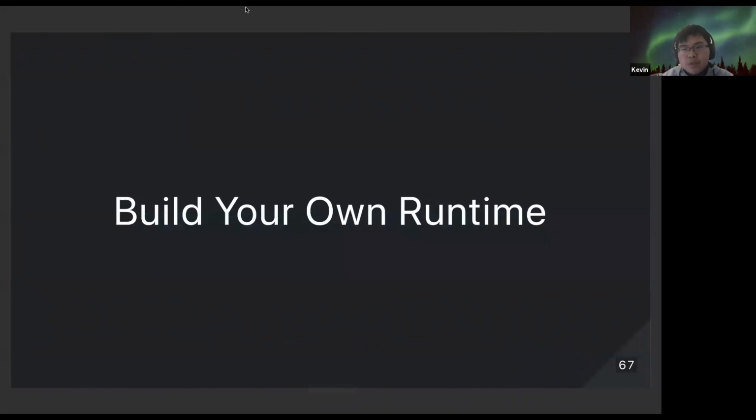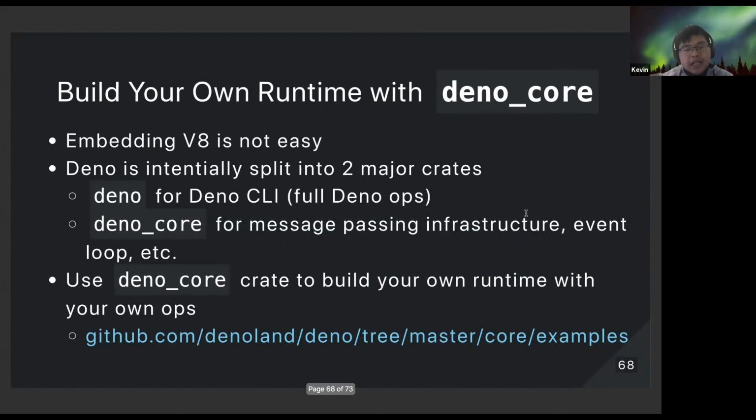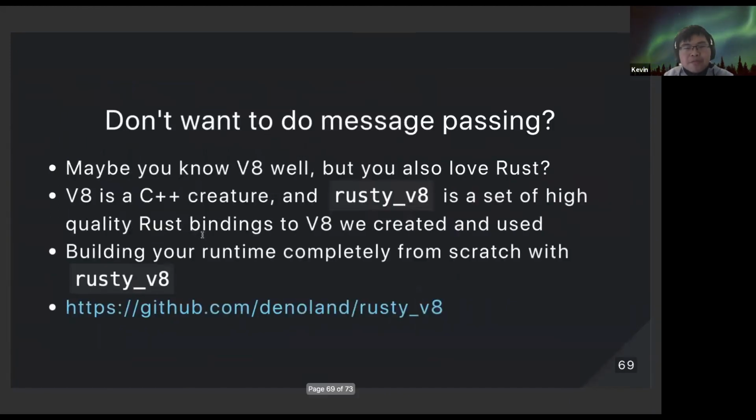And you're also able to build your own runtime using what we provide in Deno. We intentionally split Deno into multiple crates, and one of them is called Deno Core. It provides the underlying Deno message passing infrastructure, but removes all the Deno APIs, for example those for doing I/O, and you can build your own runtime from scratch using deno_core, and you don't need to worry about V8 stuff because we hide everything for you.